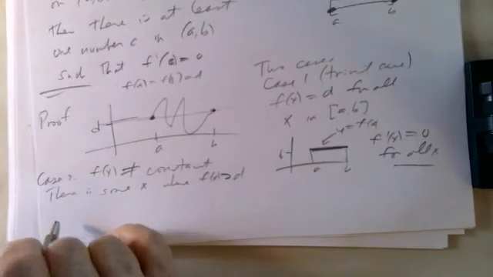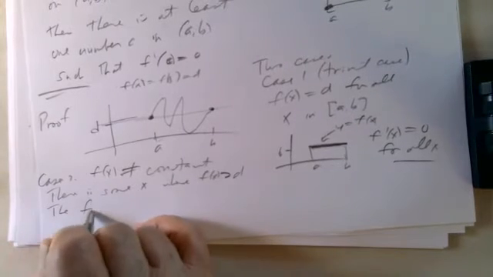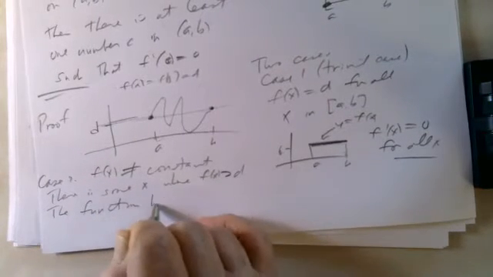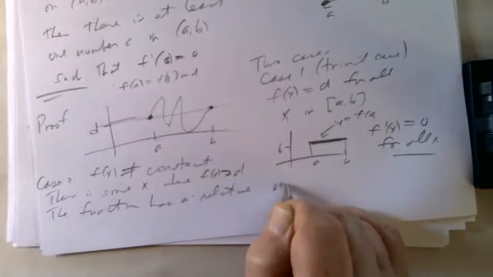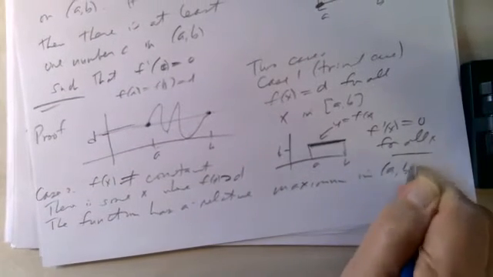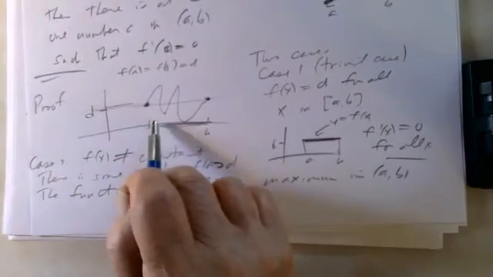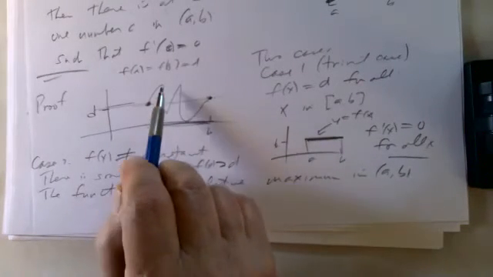Okay. There's a relative maximum. So the function has a relative maximum between a and b. That is a continuous function on a closed interval. This is a theorem in calculus or advanced calculus, but we use it here. A continuous function on a closed interval has a maximum value.